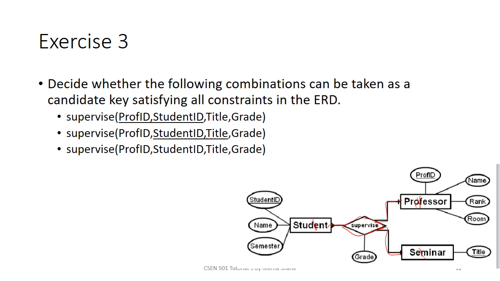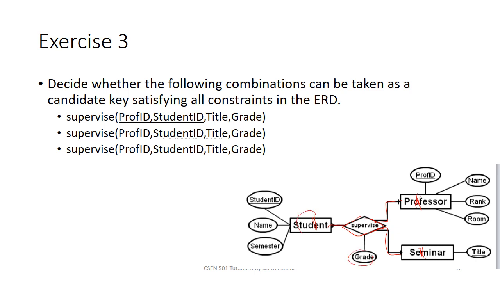No, it is not the case, because if we have exactly one student, then they will have exactly one professor and one seminar. What does this mean? That the student will always appear only once, because I only have to keep track of them once: if I have a student, then they are related with exactly one professor and one seminar, and they will have exactly one grade.